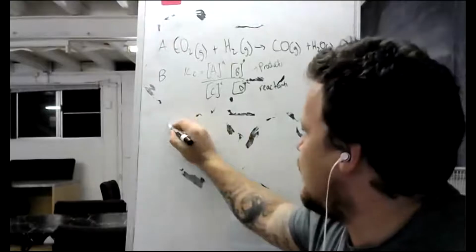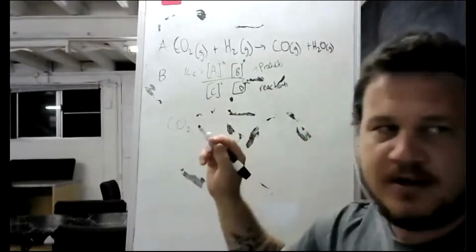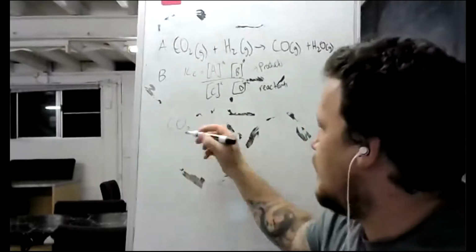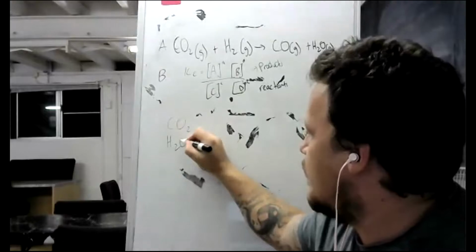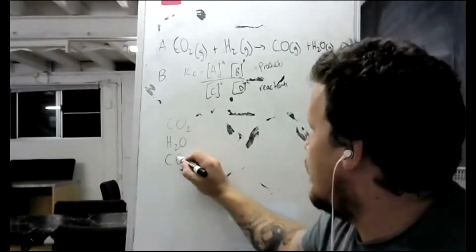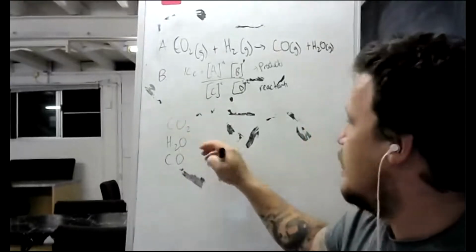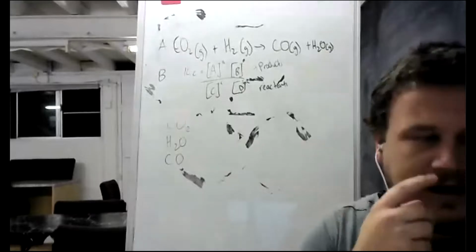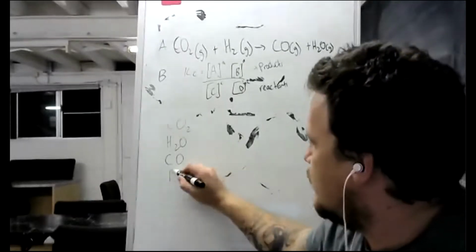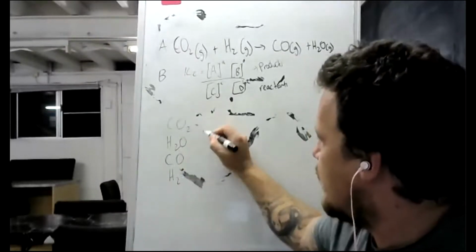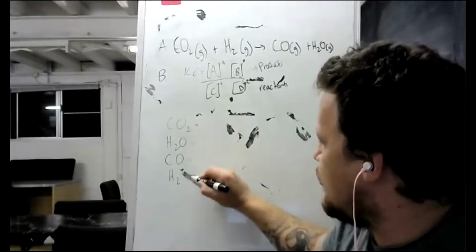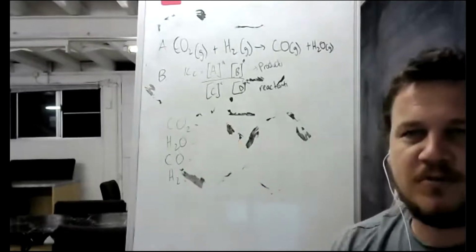So we need to write the concentration of each of the reactants. CO2, so if you guys want to do this whilst you're following along with me, we've got CO2, H2O, CO, and H2. If we read the question, what's the volume of the vessel?